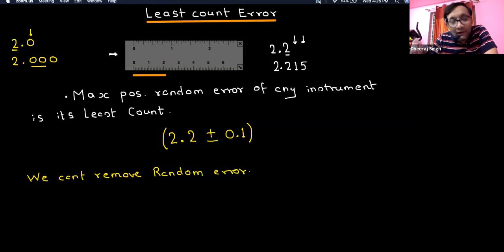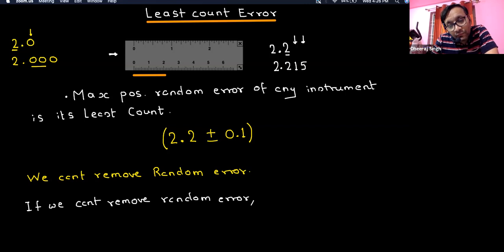Okay. So if we cannot remove the random error, what do we do? We will manage it.